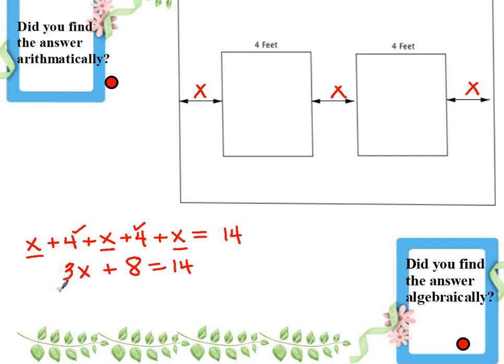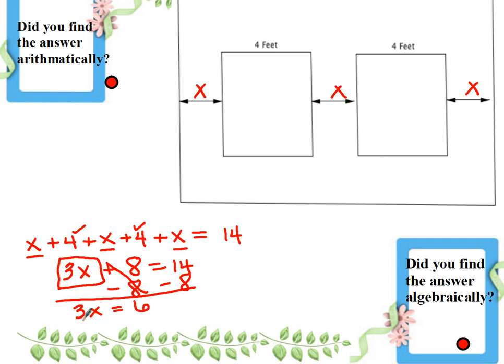Now here we are just solving like normal. How do I get my 3x by itself? What do I have to get rid of? Right, that plus 8. How do you get rid of a plus 8? Subtract 8. So I need to subtract it from both sides of the equal sign. I now have 3x. That cancels. Equals 6. And what's happening between that 3 and the x? It's being multiplied, right?